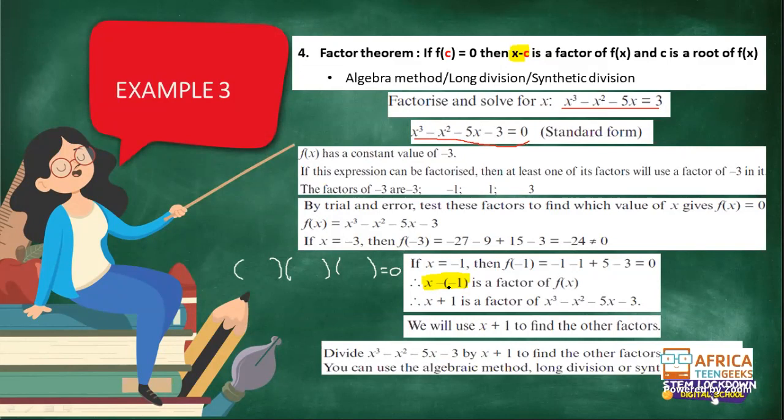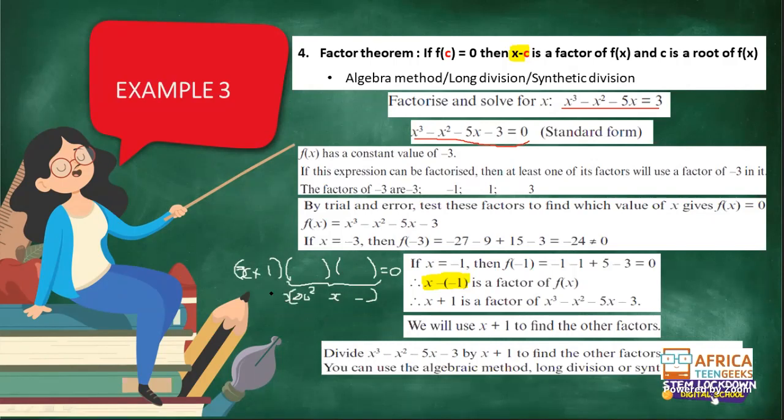Let's say, for example, we got that this is x plus 1. So it means you're looking for the other two factors, and we know that these factors will be in the form of x squared, and then you will have an x term and a constant.